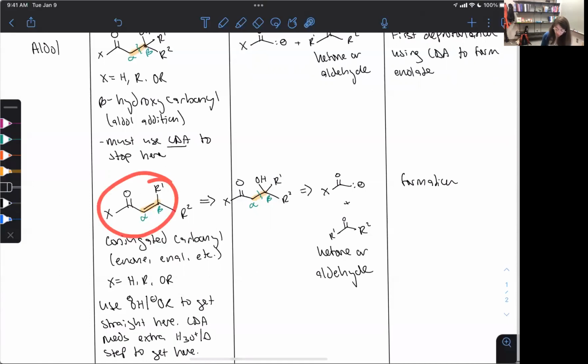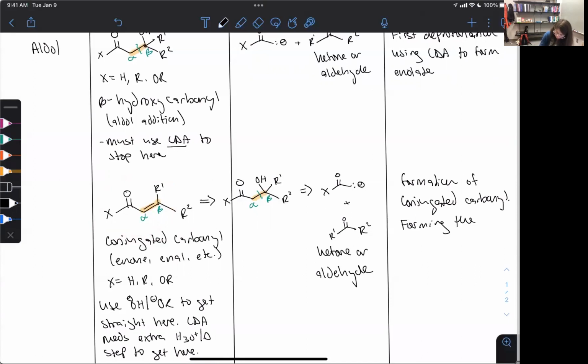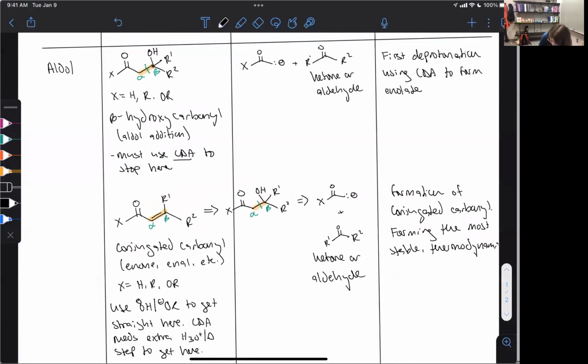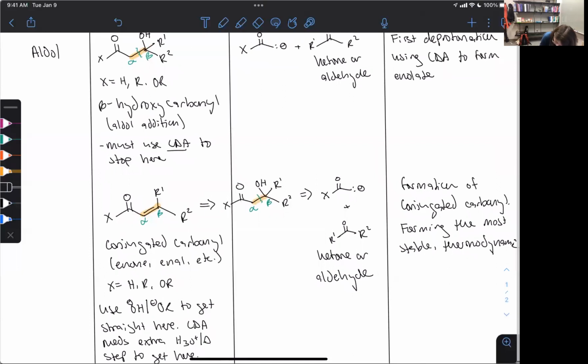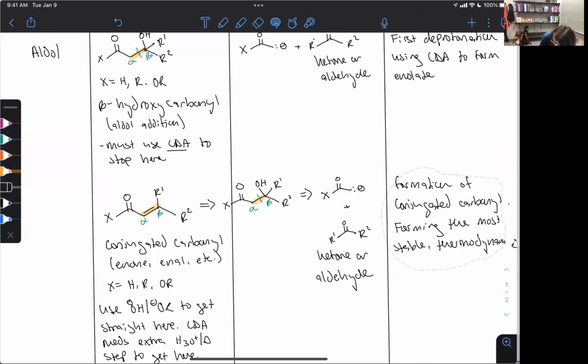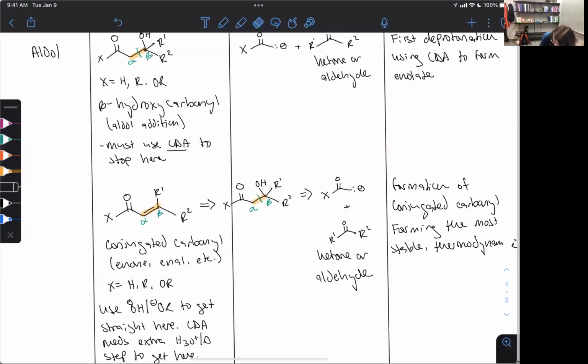Your conjugated carbonyl, whatever that is, the formation of that is going to be the irreversible step. So you're forming the thermodynamic product. Just not doing myself any favors here by not using the full width.